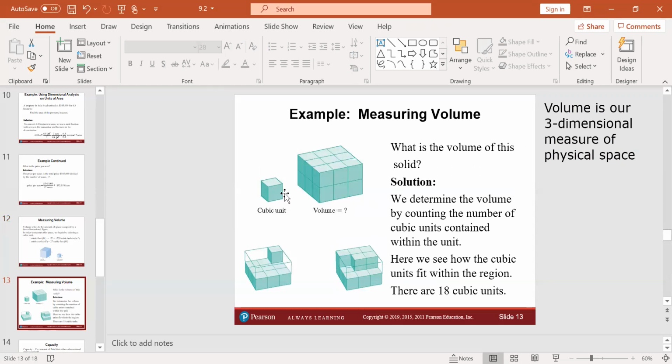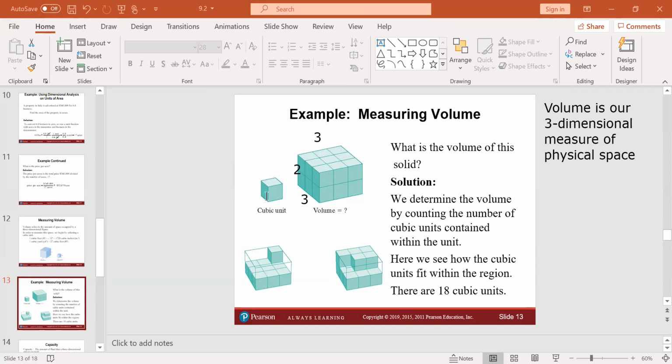And so now whenever we're measuring volume, we have 3 different dimensions we have to respect. It's not easy to draw 3 dimensions. But as you can see, this would be a shape that is 2 by, this is 1, 2, 3. And then this measurement across the top would also be 3.